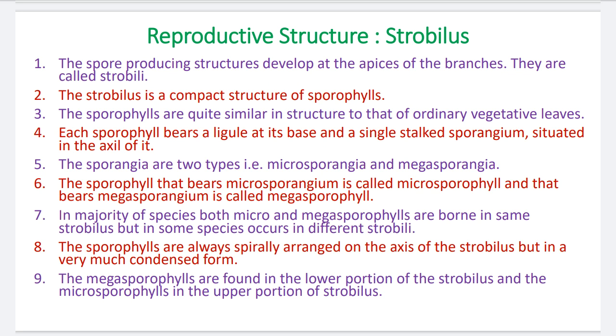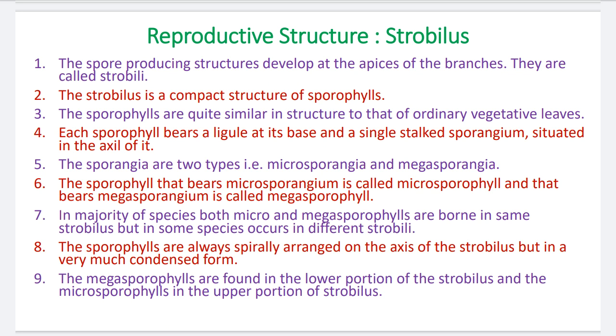Number 8, the sporophylls are always spirally arranged on the axis of the strobilus, in a very much condensed form, arranged around the centrally located axis in a spiral, and very compact in young condition.